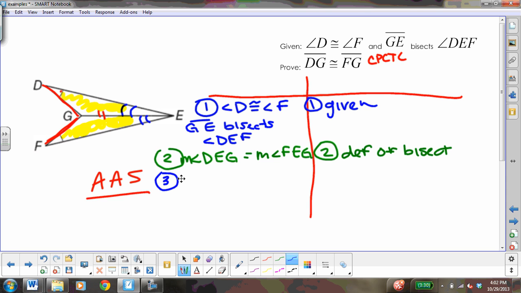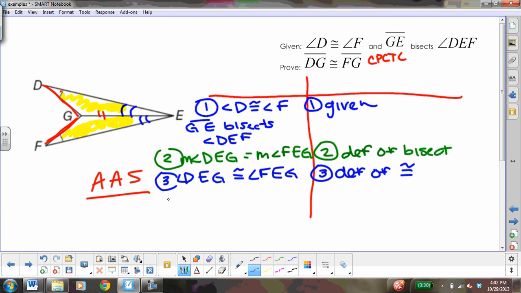I'll go ahead and say they're congruent because technically congruent triangles deal with all congruent parts. And so that takes care of my angle.